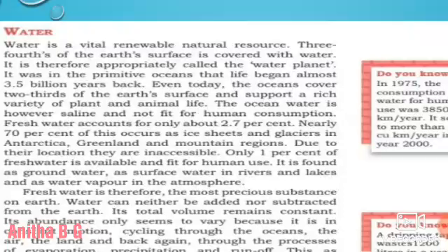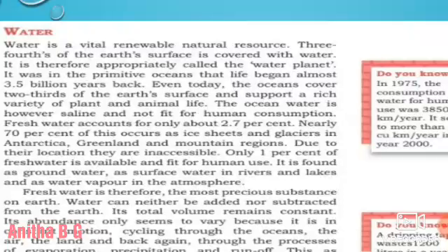It is found as groundwater, as surface water in rivers and lakes, and as water vapor in the atmosphere. So that 1% of water is found in the groundwater, surface water in rivers and lakes, and water vapor in the atmosphere.